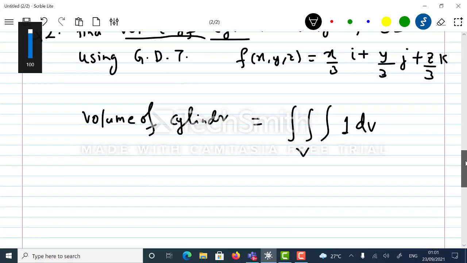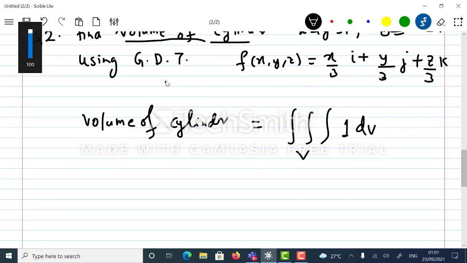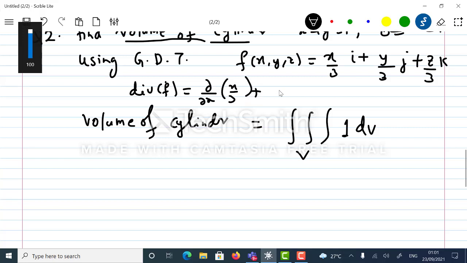But if I calculate divergence of f, what is divergence of f? Divergence of f is dou by dou x of x by 3 plus dou by dou y of y by 3 plus dou by dou z of z by 3. So 1 by 3 plus 1 by 3 plus 1 by 3. So this is 1, so divergence f is equal to 1.